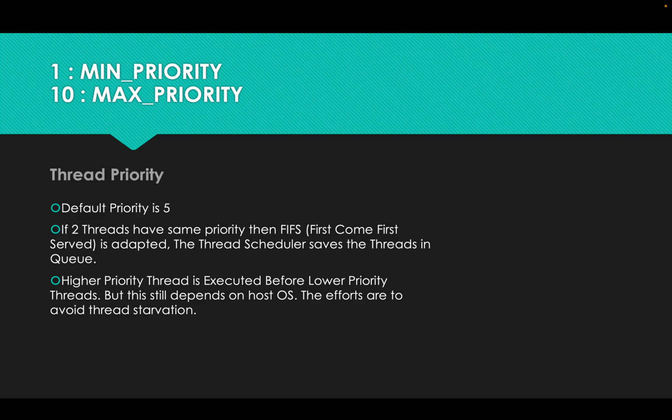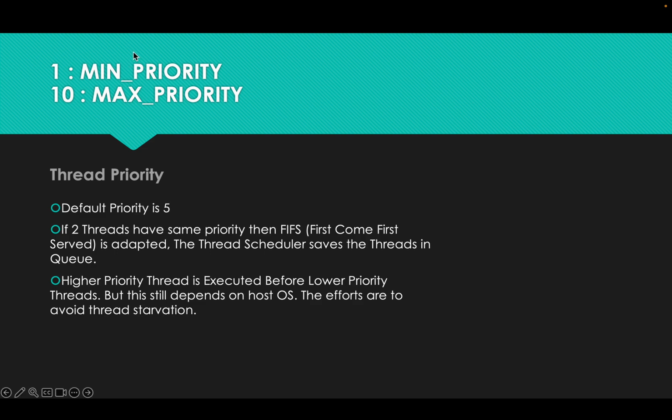Now we are here at the priorities of the thread. When we talk of thread priority, if there are two threads that have the same priority, first come first serve is adopted. The thread scheduler essentially queues them. Now, 1 is the min priority and 10 is the max priority.